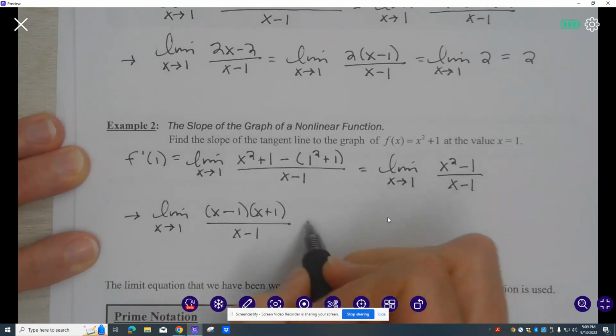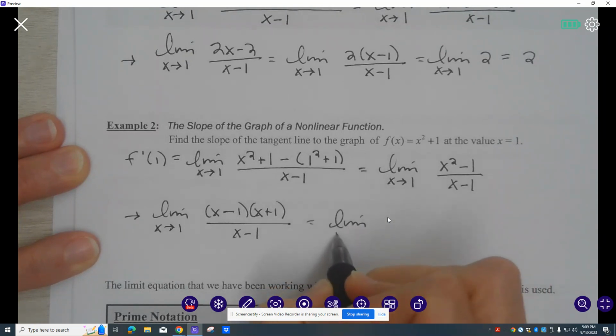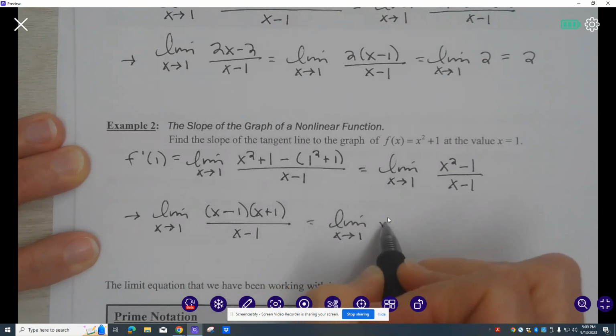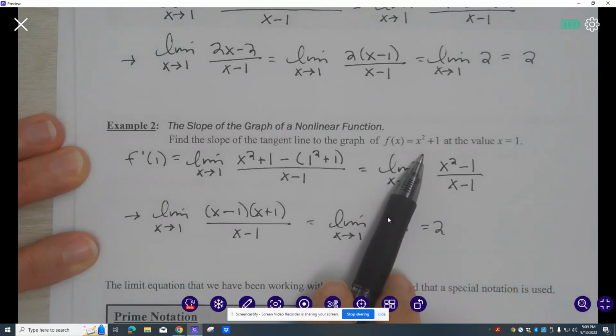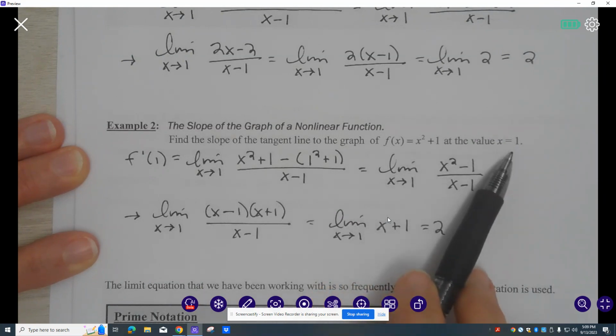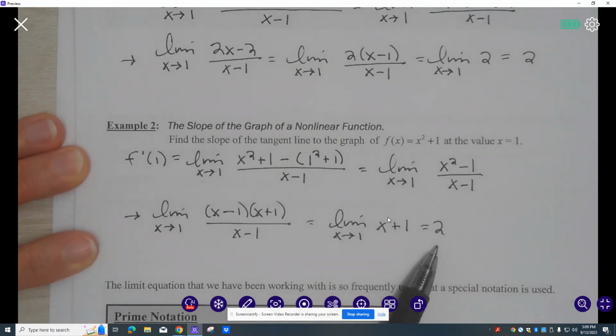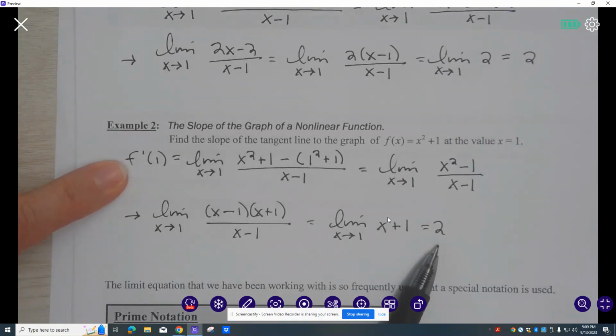Simplify. Limit as x approaches 1 of x plus 1 equals 2. So on this curve, x squared plus 1, when x equals 1, the slope of the tangent line is 2, or the derivative at x equals 1 is 2.